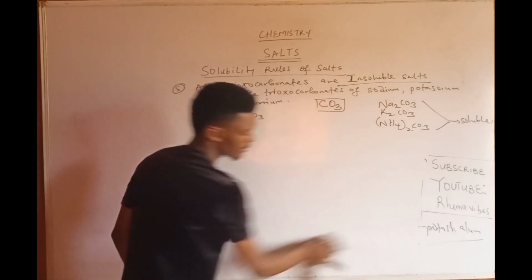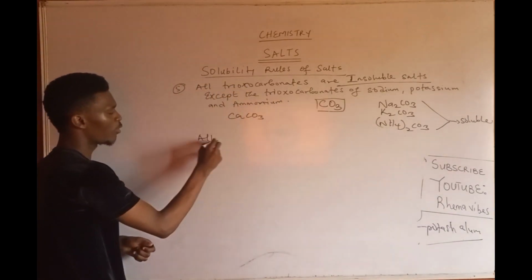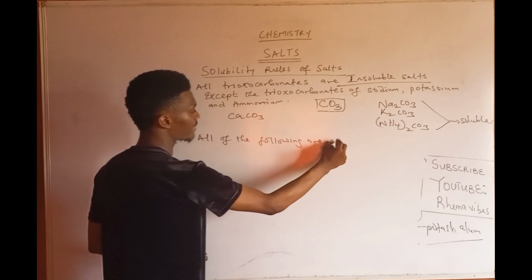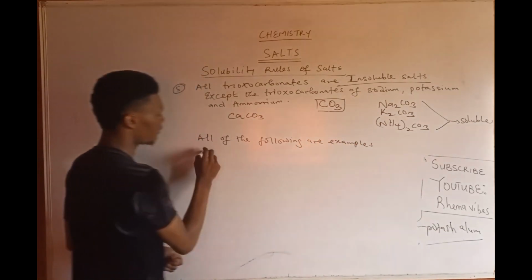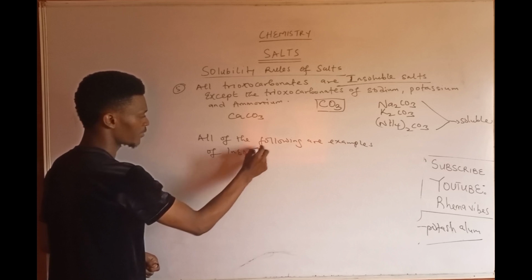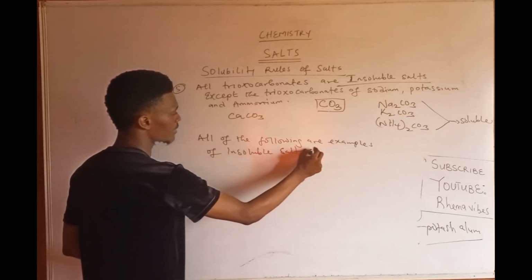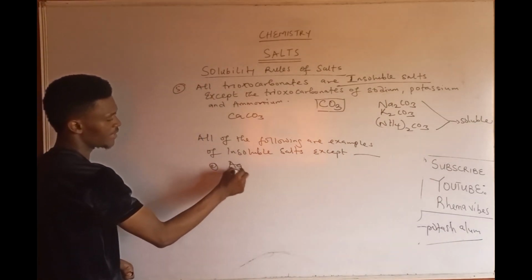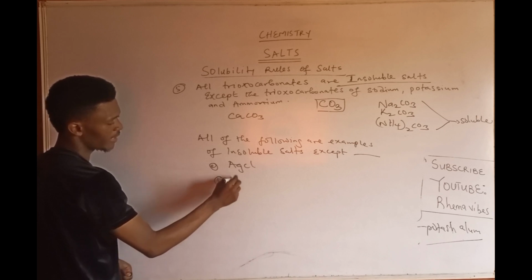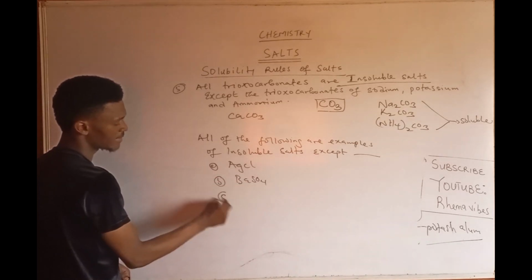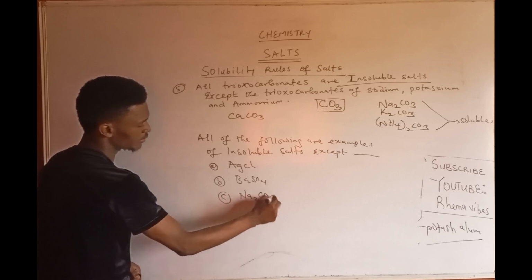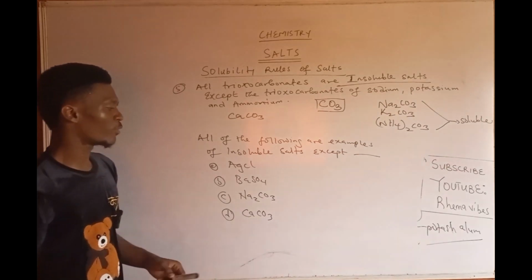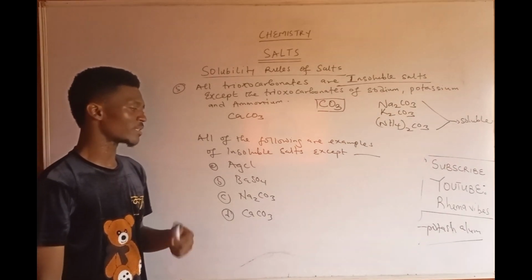If you are asked: all of the following are examples of insoluble salts, except what? A, AgCl; B, BaSO4; C, Na2CO3; D, CaCO3.